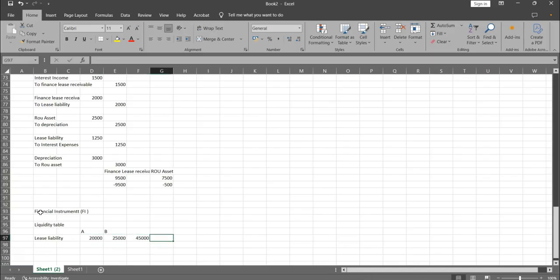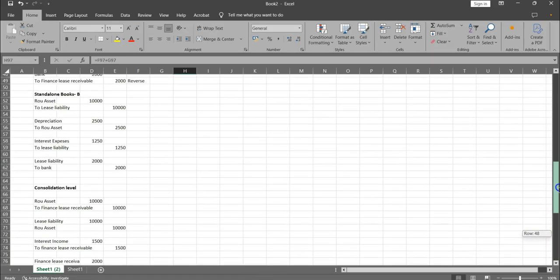So we'll have to reverse the elimination impact in disclosure as well. So if this lease liability has a maturity of 25,000, we will remove this 25,000 to bring back the lease liability of 20,000, because at consolidation level there is only one lease which will have a maturity of 20,000 rupees. Correct? I hope you have understood this concept.